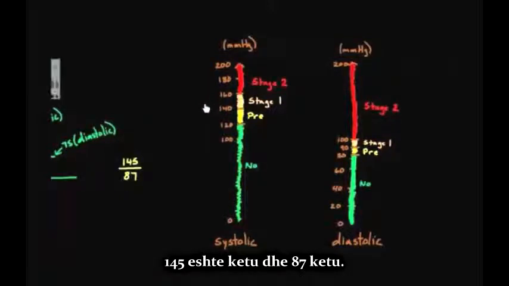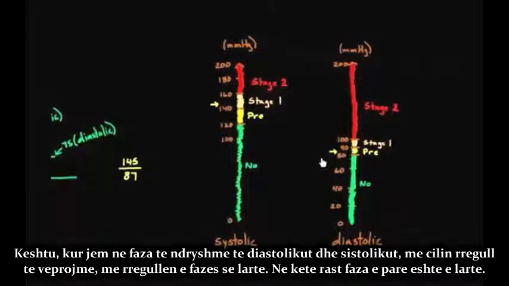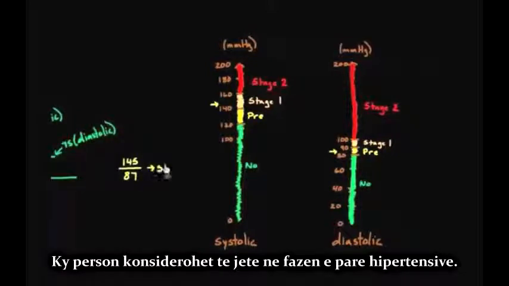So 145 is right here, and 87 is in here. So your systolic pressure is stage 1 hypertension, and your diastolic pressure is in pre-hypertension. So when you're in different stages for the diastolic and the systolic, the rule is that you go with the higher stage. So in this case, stage 1 is higher. So this person would be considered stage 1 hypertension.